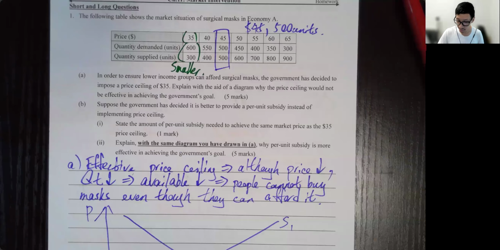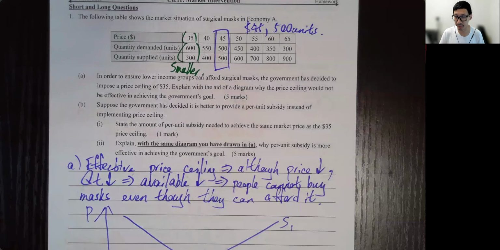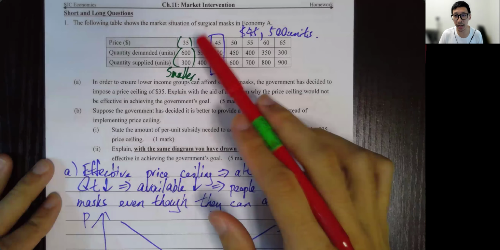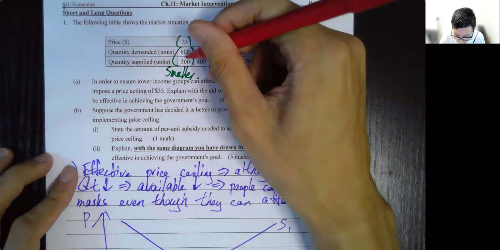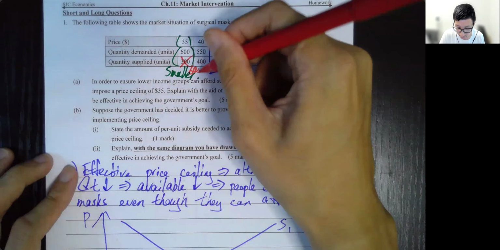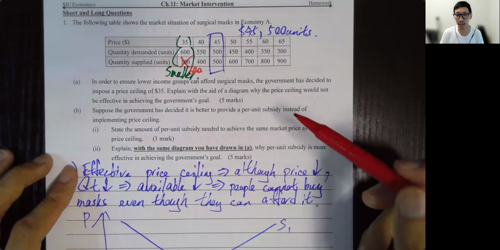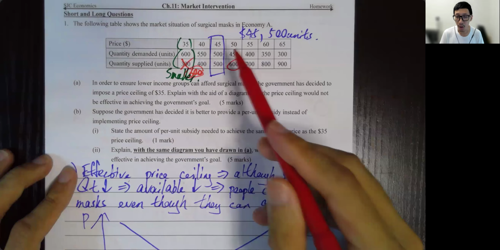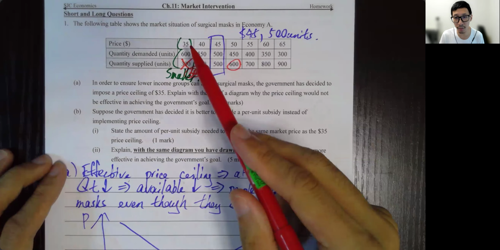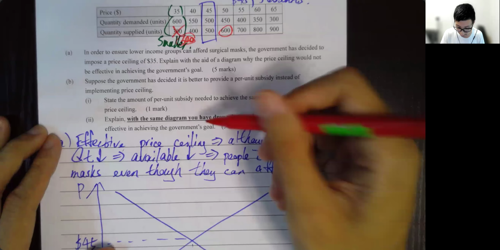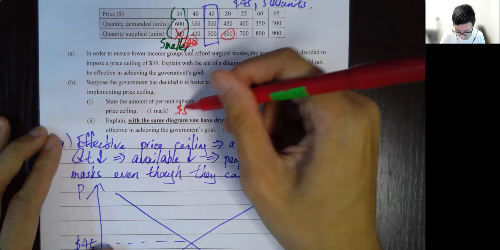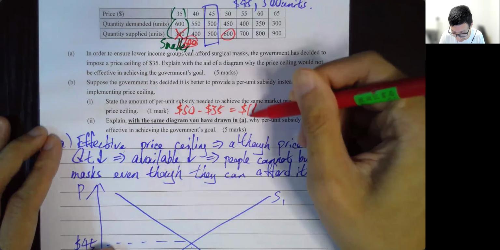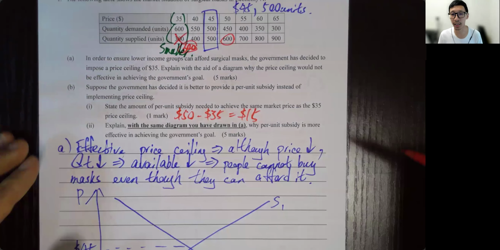So here, just like what we did for the MC, for subsidy, if we want the price to end up at 35, here we need this guy to become 600 so that the new equilibrium will be here. Let's check. 600. Do you see? Originally $50, now $35. So we know that this is 50 minus 35, which is $15 of per unit subsidy.